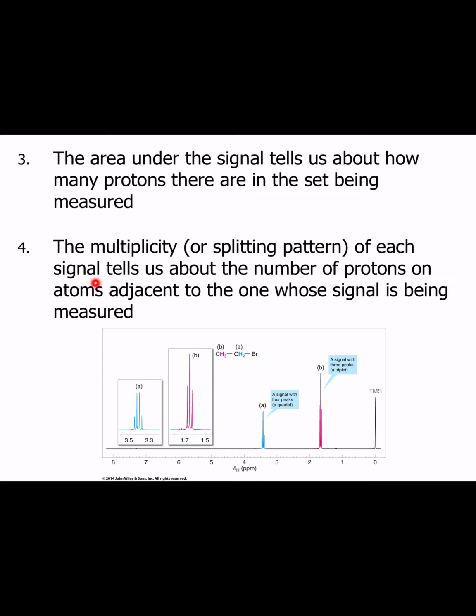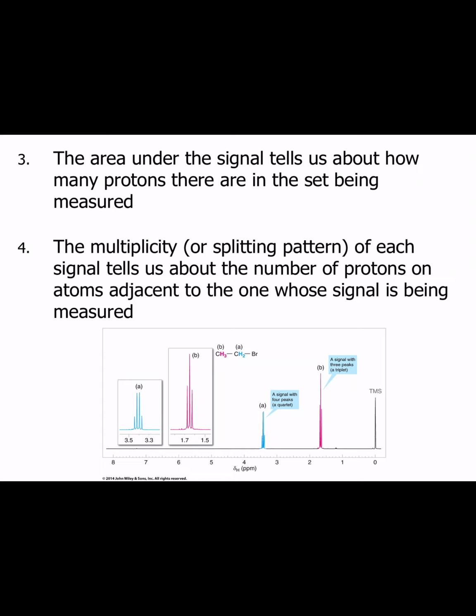Okay. And then you see the multiplicity. I mean, these signals are being split. They are not just one line. They are split further. We call it the multiplicity, or the splitting pattern of each signal, and it tells us about the number of protons on atoms adjacent to the one whose signal is being measured.